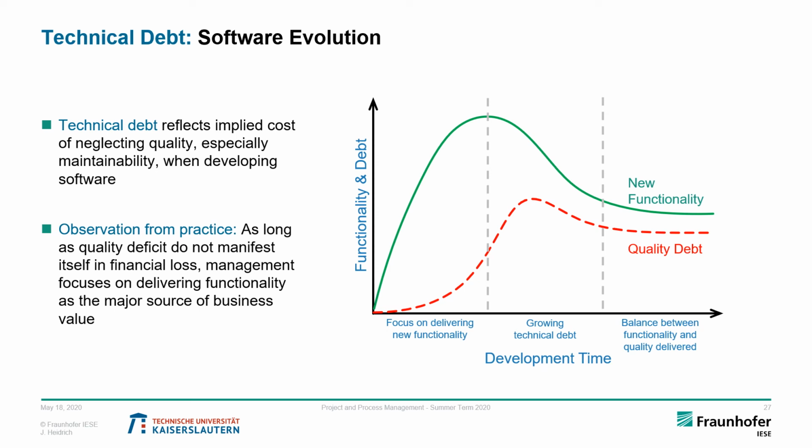At the beginning, when focused on delivering new functionality, the technical debt is growing. And because of that growing technical debt, you will lose speed in adding new functionality, up to a point where basically the whole development effort and team becomes less productive because of the technical debt in your software.